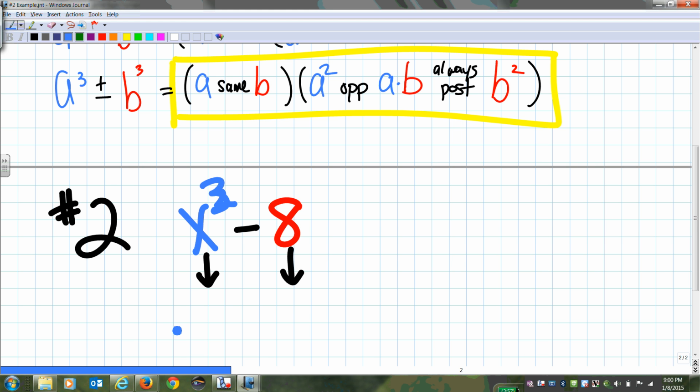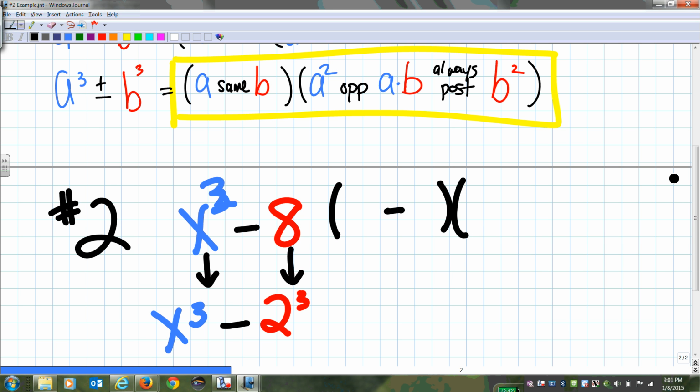Now this one's already in the cubed form, x cubed, but this one you had to recognize was 2 cubed. Okay, now we're going to plug it in here, and I'm going to get the signs first off. So we go same sign, and then we do opposite sign, and this last one is always positive.